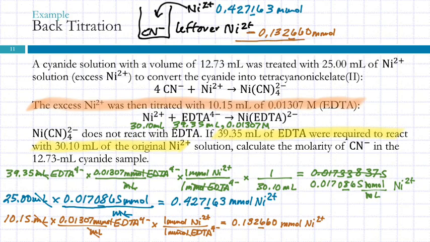I'll put a minus here, and I'll put the answer over here because I didn't plan this out very well. 0.427163 minus 0.13266. 0.294503. That's the amount of nickel that reacted with cyanide.